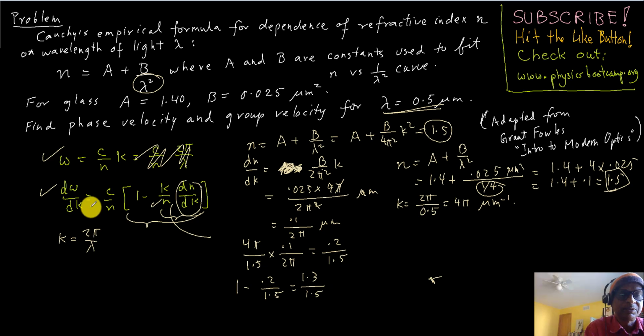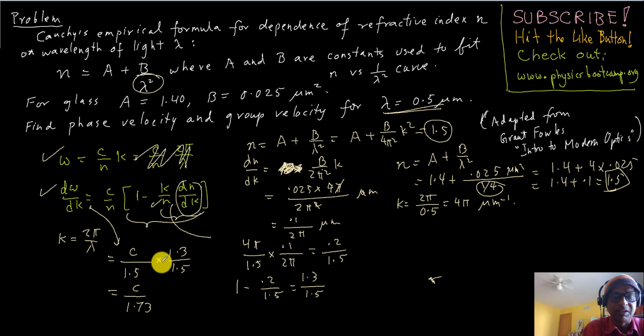So Vg is c over 1.5 times 1.3 over 1.5, which is c over 1.73 after calculating the denominator.